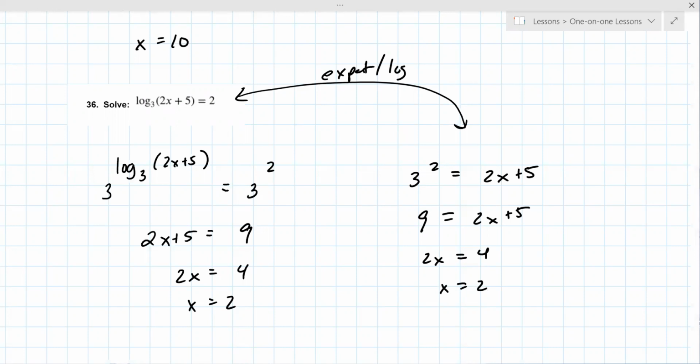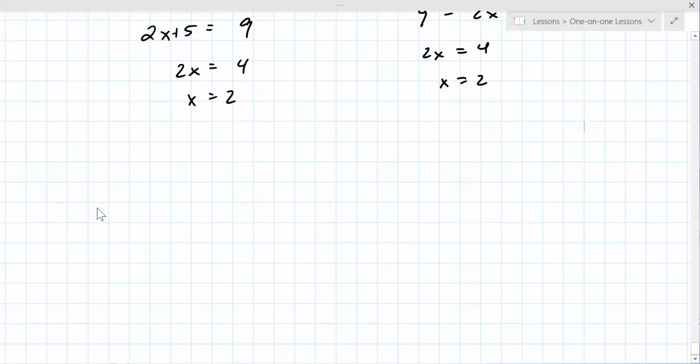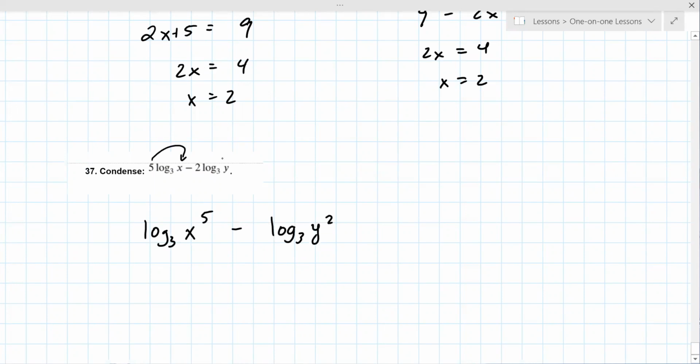Condense this: 5 log base 3 of x minus 2 log base 3 of y. The first thing you want to do is move those numbers out in front to the exponent.